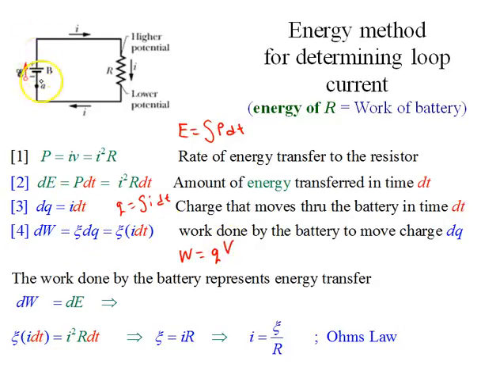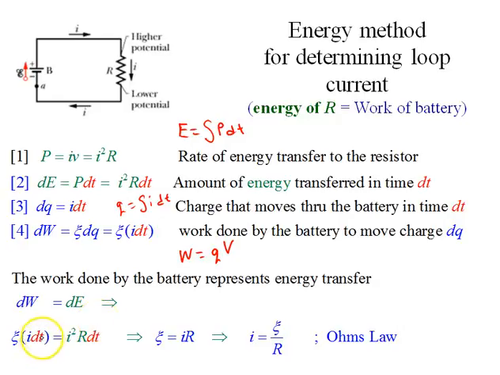The change in potential across our battery is delta V, or E, or EMF, and that's equal to Q, so I dt. If we set these two equations equal, we get our differential work. Our EMF times I dt is equal to our differential energy transferred, that's I squared R dt.